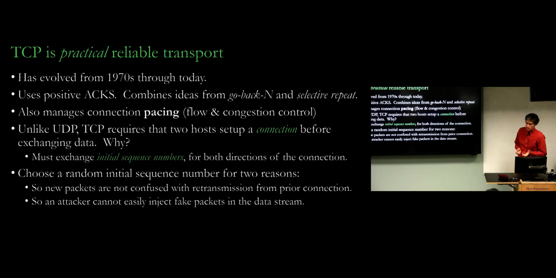It uses positive acknowledgements, like the Go-Back-N and Selective Repeat protocols, but it combines ideas from both, as you'll see. It also has this additional feature that it manages connection pacing, meaning the rate at which you send packets, and this is called flow and congestion control. We'll see in the second half of this lecture what that's about and why you need it.